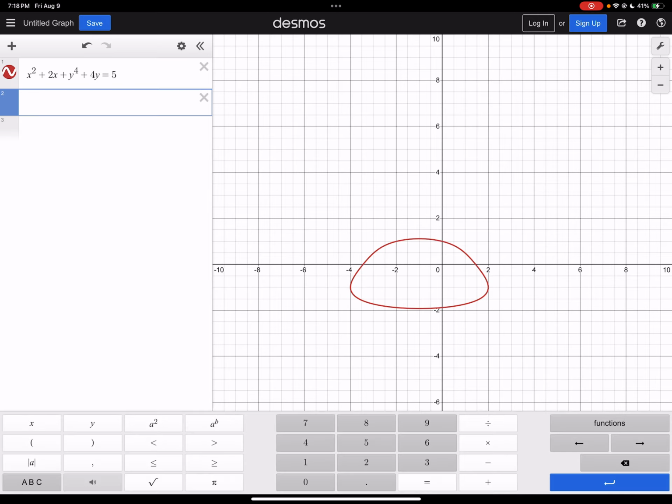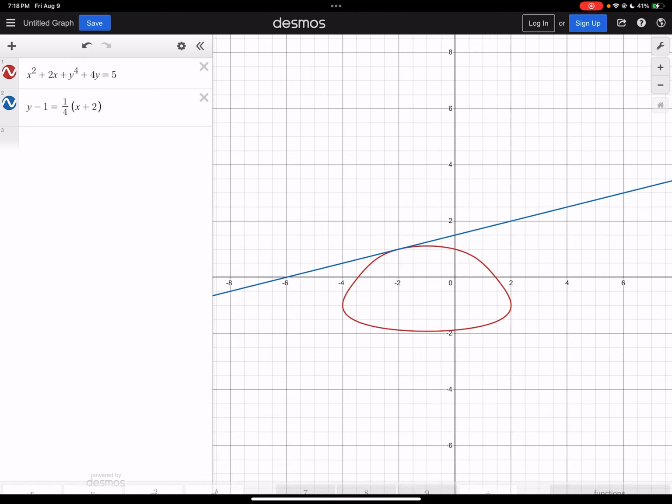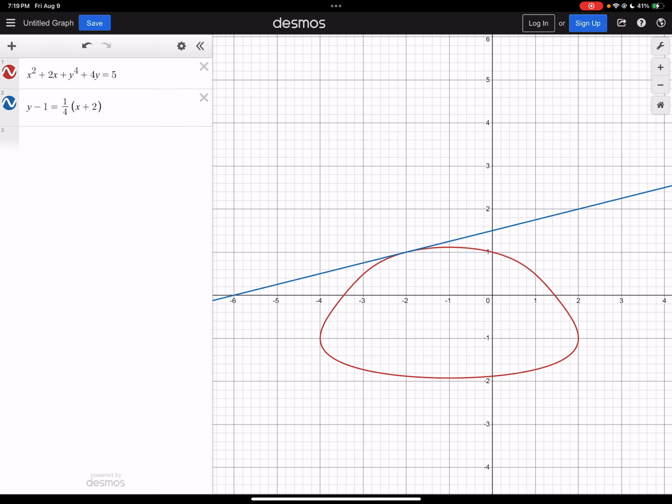Also, if we were to look at part A again, where we wanted to find the tangent line at (-2, 1), y minus 1 is equal to 1/4 (x minus 2, not minus 2, plus 2). You can see that my tangent line fits right there. So we know that that works for part A.